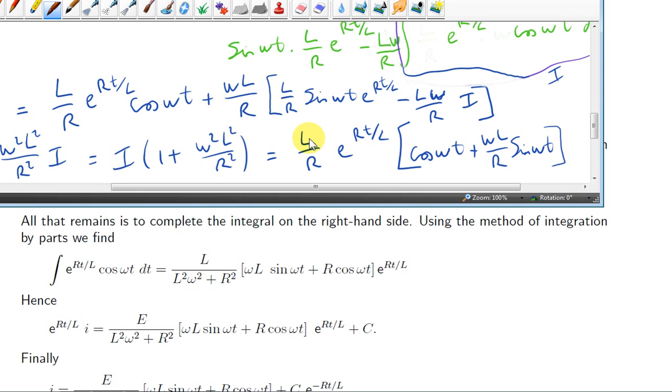But we can take the R in, so we'll get R cos omega t, that's that term there, and R times this term will give us omega L. So multiplying this by R squared means cancelling this R here, and multiplying in here by R. So we cancel this R here, and over here when we multiply by R squared we get an R squared here, and we just get 1 here, and finally we divide across by this bracket, so we get our result.